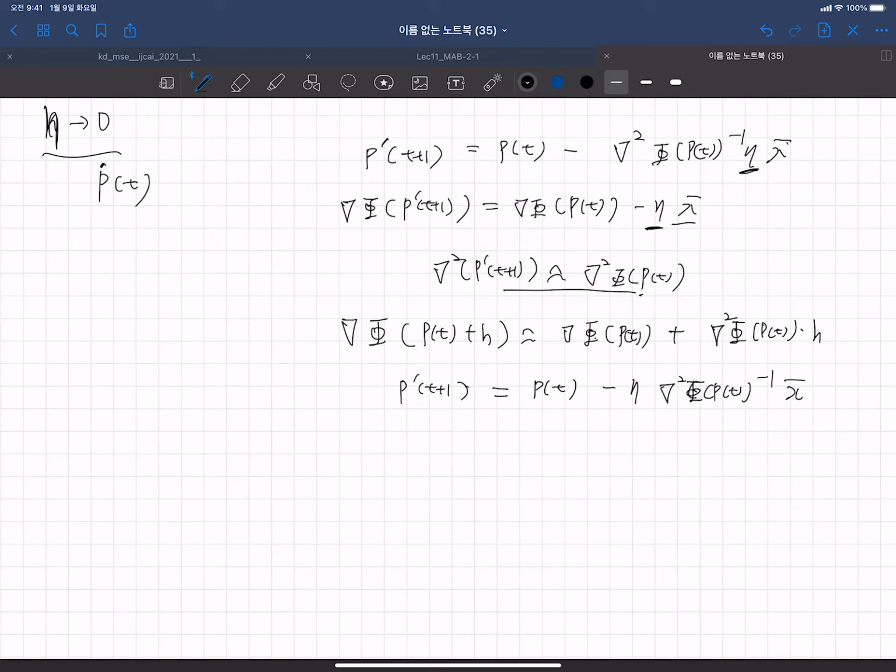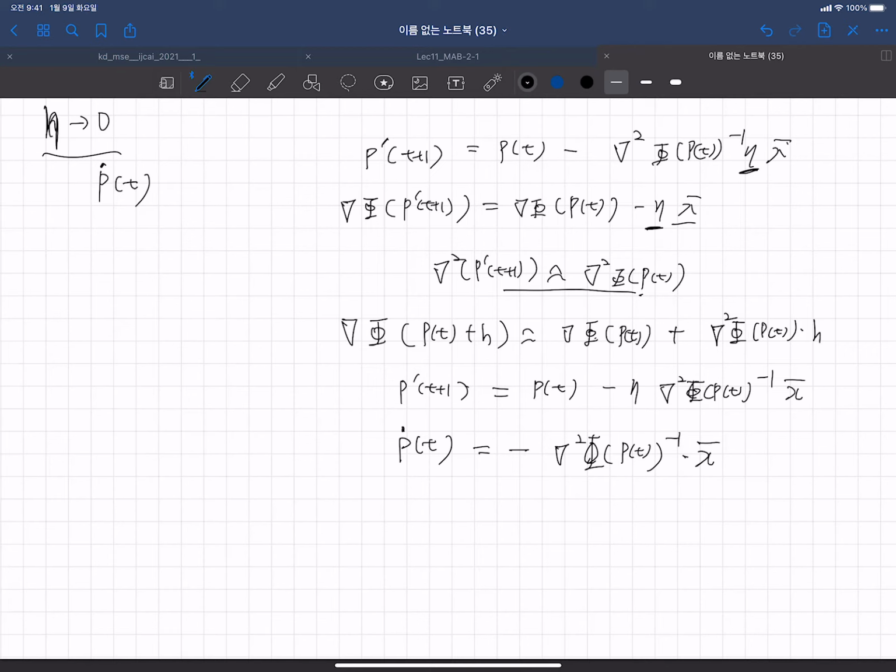Okay? So basically p dot t, the infinitesimal update on the pt vector, is roughly, when we ignore this eta factor, minus Hessian Psi pt inverse times x bar.